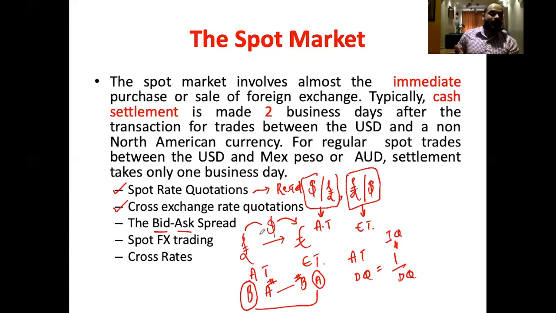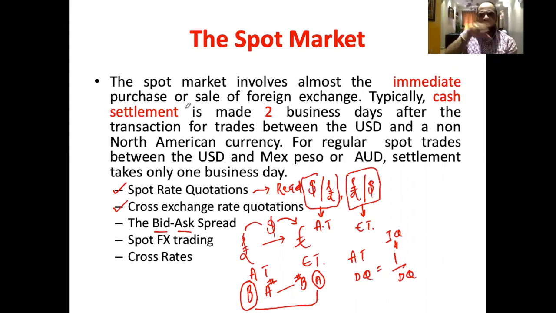So for bid and ask, you can use American terms, which is direct quotations, or European terms, indirect quotation. Whatever options you have available, if you have both American and European, and you want your position in European terms, non-USD currencies, then I prefer to use direct quotations of the European terms, so you don't have to worry about divide and stuff, all right? Same thing, if you want position in American dollars, then I suggest you use American terms.